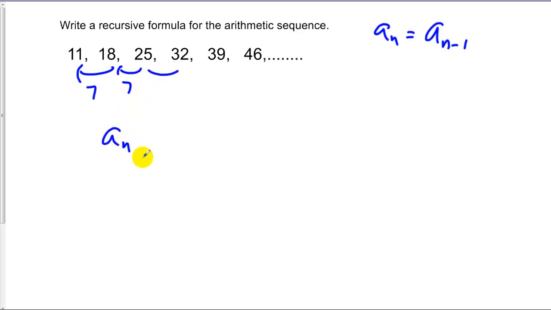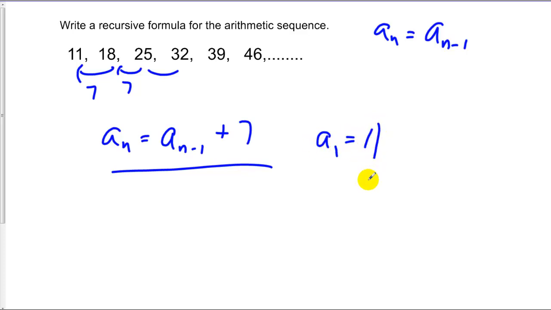So any term in this can be generated by taking the previous term and adding 7. It's that simple. But remember, you have to be given the first term in order to generate the rest of the terms. So I'd have to say, starting with a first term of 11.